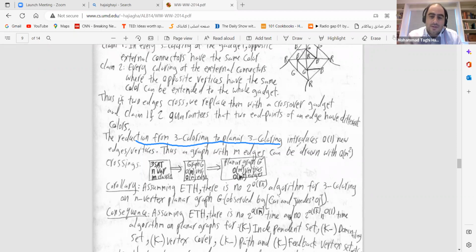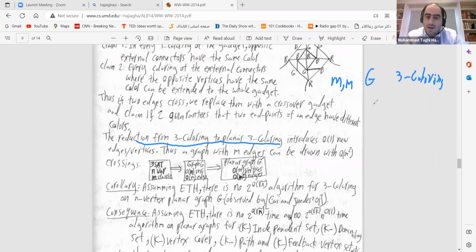The number of vertices in this new graph would be... if the original graph is G, the general graph that we want to do tricoloring for, which has, say, m vertices and m edges.